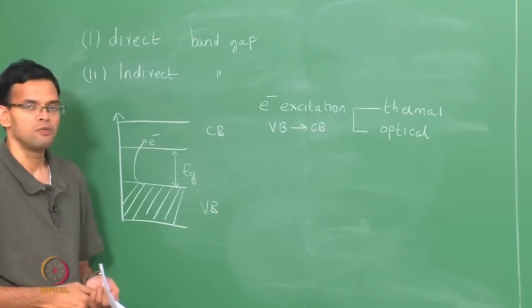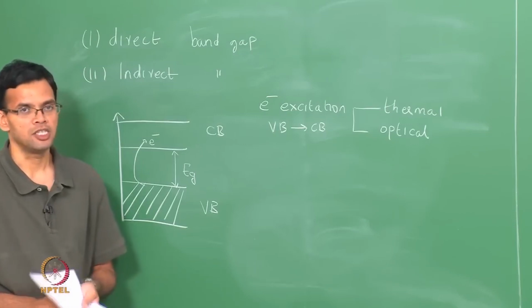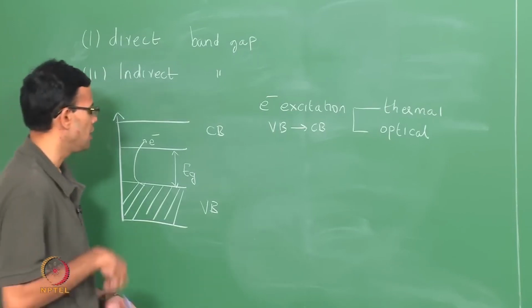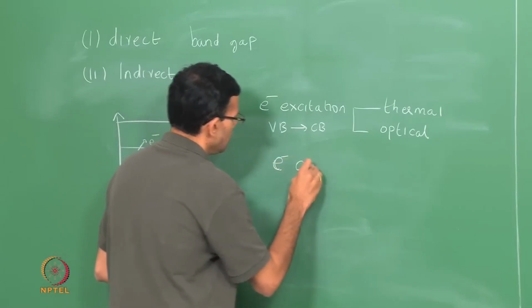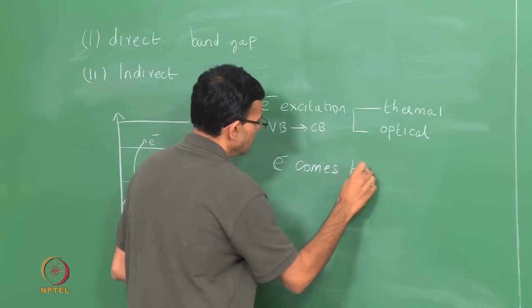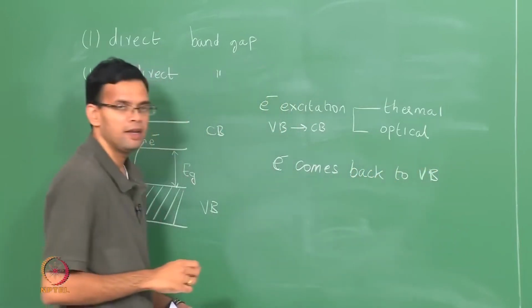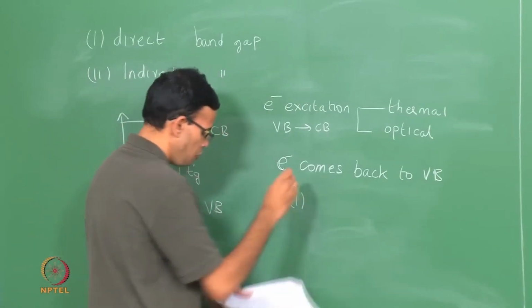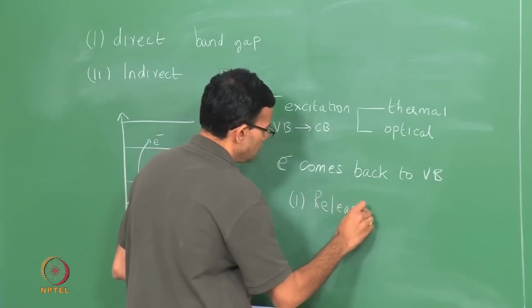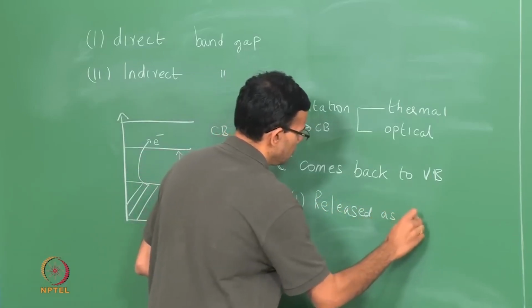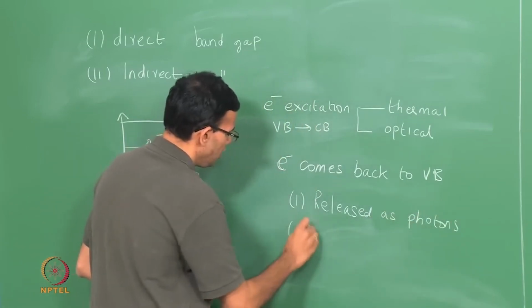Now, this electron wants to come back to the valence band, so that it loses whatever energy it has gained, and this energy loss can occur in 2 ways. When the electron comes back to the valence band, it can release the energy in 2 ways. One, it can release it as photons, or you can release it as heat.